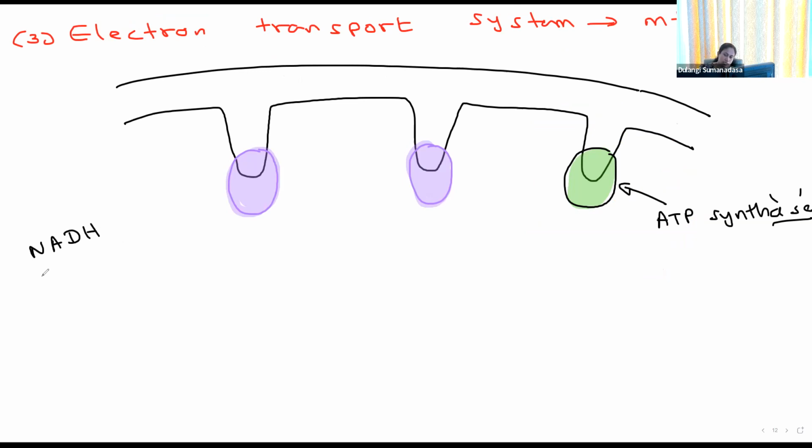So all these coenzymes come towards the cristae. They're going to unload all the high energy protons. These are the unloaded high energy protons.